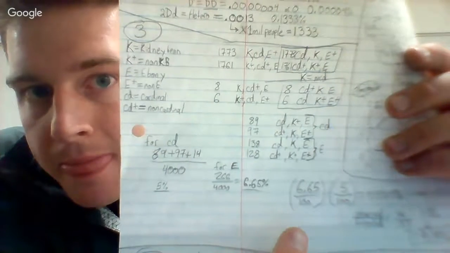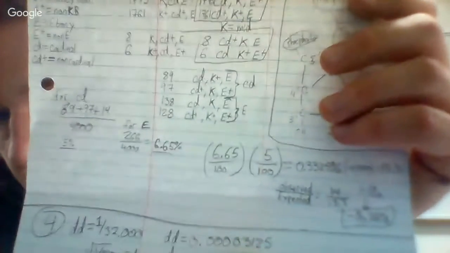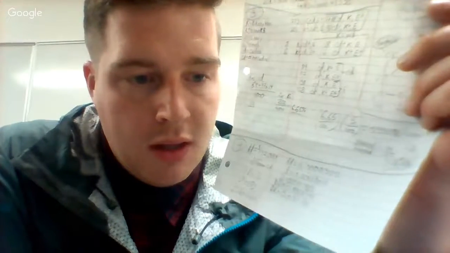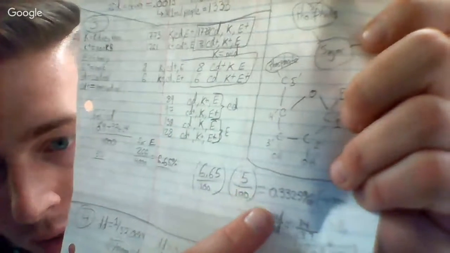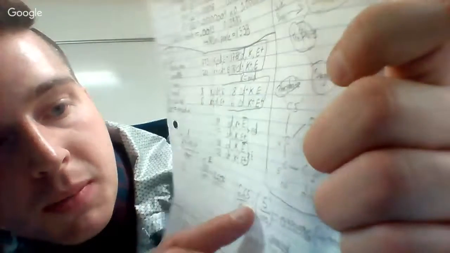And then to find the interference value, you do this math here. You're going to take the map units of these two, which was 6.65 and 5 map units, and you multiply them by each other and then the total, and then you're going to get a number, and that is the expected value.